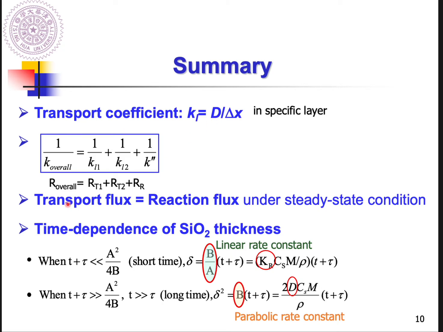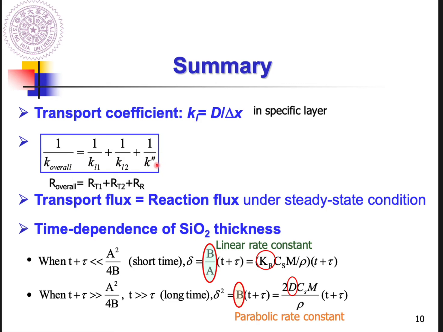specific layer. And we also showed that the overall resistance is the sum of the resistance of each layer or each process, whether transport or reaction. The resistance for mass transport is the reciprocal of the transport coefficient in that layer, and the resistance for reactions is the reciprocal of the rate coefficient.